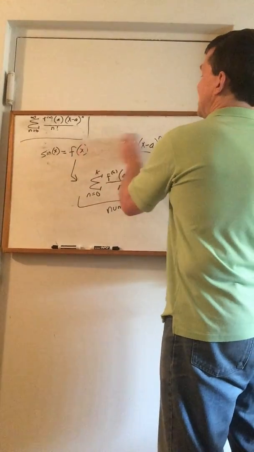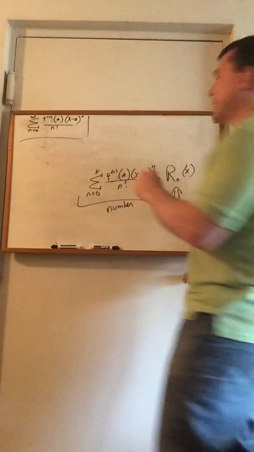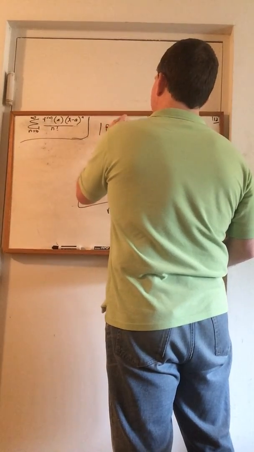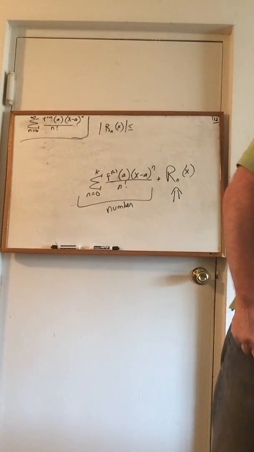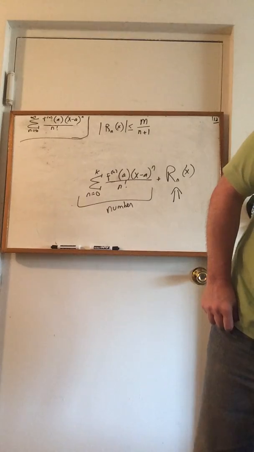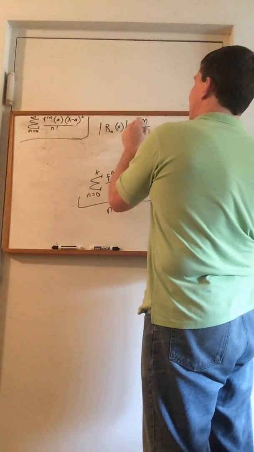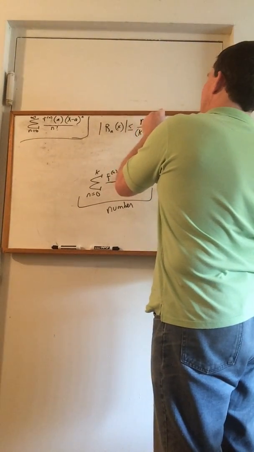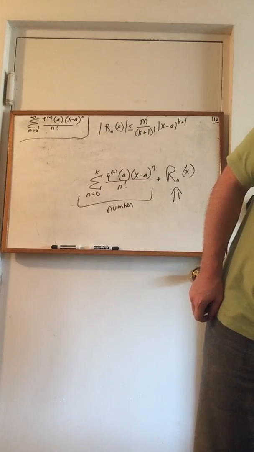And to actually get this error, I'm going to erase this now, we have this right here. And I've said this before in class, and I will say it again. I don't necessarily like the way your book writes things in the lettering, which is why I'm looking at your book, because I like to write this differently, but I want to keep it in agreement with your book. So the remainder is less than or equal to M all over n plus 1 factorial. And actually, because I want to make it agree with this, since we went to the kth degree here, that's k plus 1 factorial times the absolute value of x minus a to the k plus 1.